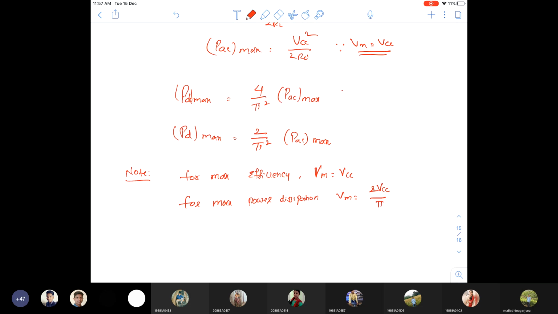So remember, both are Vm only, but maximum efficiency రావాలంటే Vm is equal to VCC substitute చేయాలి. Maximum power dissipation రావాలంటే Vm is equal to 2 VCC by pi substitute చేయాలి. ఓకే, maximum efficiency అంటే Vm is equal to VCC. For maximum power dissipation అంటే Vm equal to 2 VCC by pi. Understood?